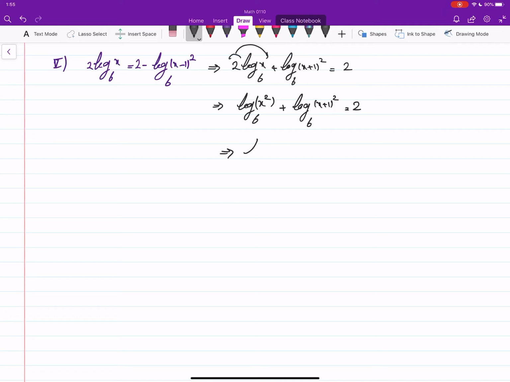Make one log term from this. Sum of logs is log of a product. Now, one side is one log base 6, the other side is constant. We'll put all of them in the power of 6. So 6 to the power log of x squared, x plus 1 squared equal to 6 squared. This gives us x squared, x plus 1 squared equals 6 squared.